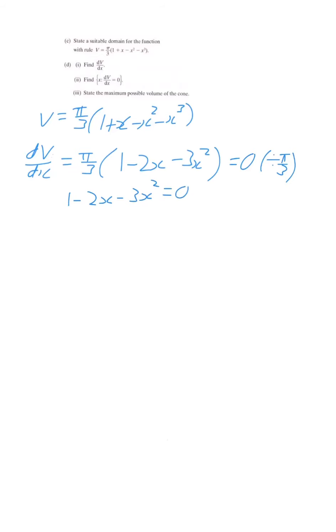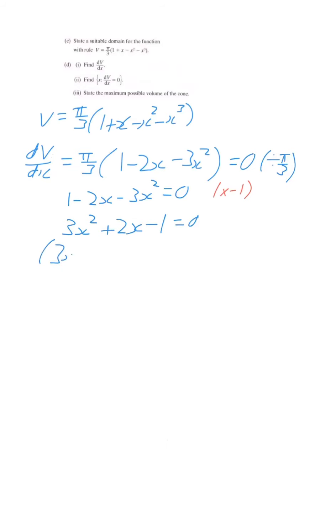So I'm going to bring everything over to the right, or else divide across by minus 1 to make it 3x squared plus 2x minus 1 equal to 0. Okay, it just makes it a lot easier now to factorize this. So I'll just write in what I did there. So I just multiplied across by minus 1, or else I could have just brought everything to the right hand side. Okay, so let's factorize this.